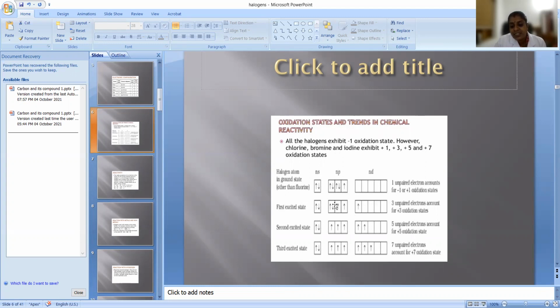And if one electron is excited to the d orbital, what will happen? 3 unpaired electrons, so the +3 oxidation state is also possible. When more are unpaired, it becomes 5, so +5 is also possible. If it is unpaired further, it becomes 7, so the +7 oxidation state is also possible.